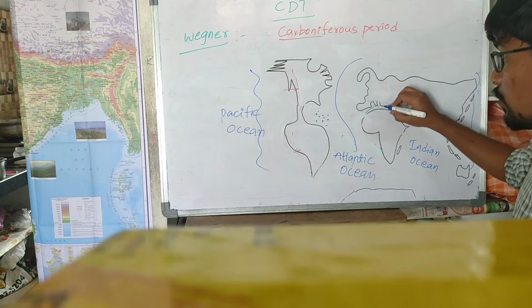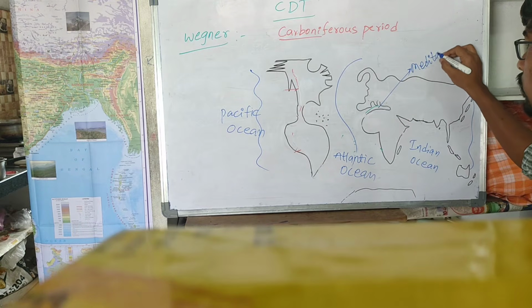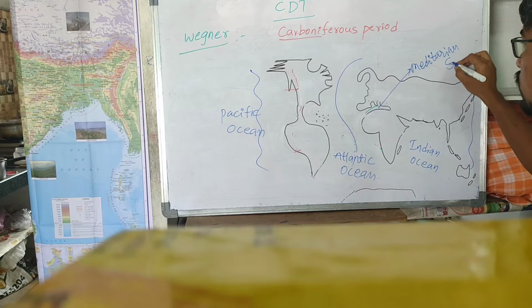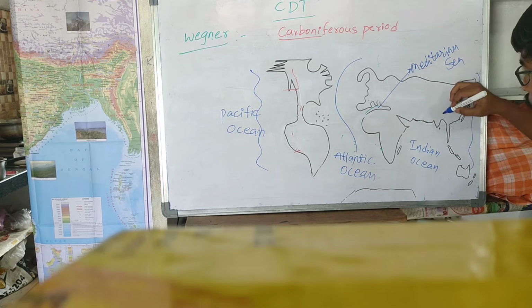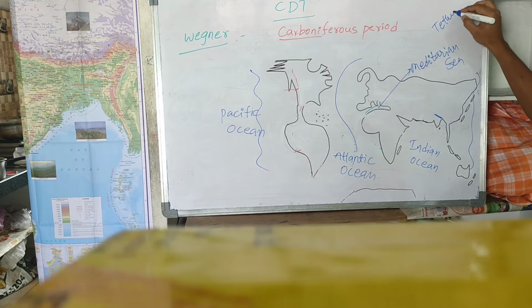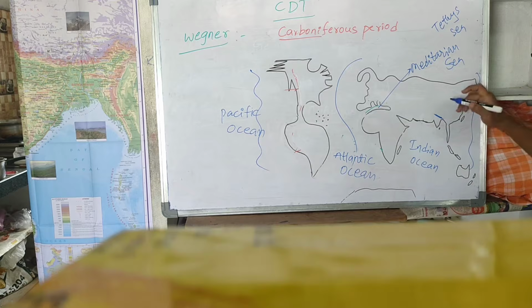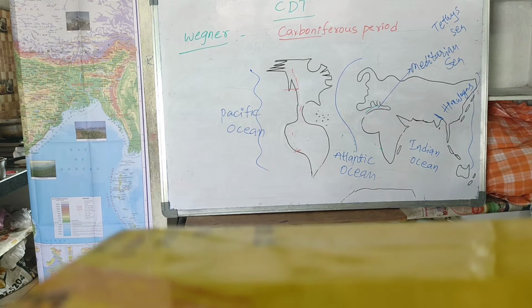The Tethys Sea, which was earlier, is right now the Mediterranean Sea. Some part of the earlier Tethys Sea developed into the Mediterranean Sea, and some part into the Himalayas.